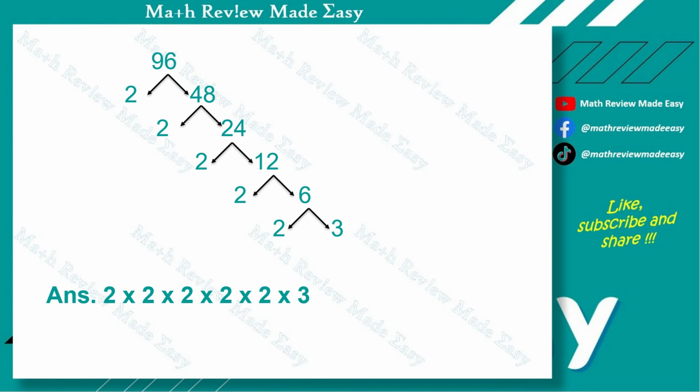So, si 24 can be factorized as 2 and 12. 12 can be factored as 2 and 6. 6 can be factored as 2 and 3. Since lahat yan ay mga prime numbers na, so ang answer natin, ang prime factorization ng 96 is 2 times 2 times 2 times 2 times 2 times 3, or 2 raised to the 5th power times 3.